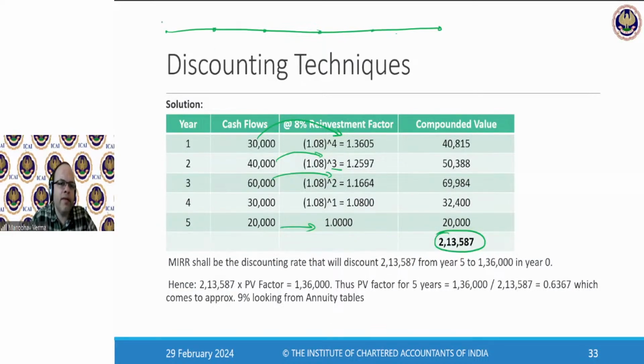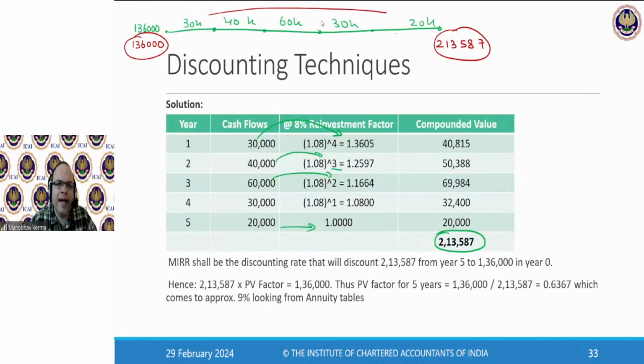Originally we have an investment of 1,36,000 here, and then you have 30K, 40K, 60K, 30K, and 20K. That's the original scenario. Once I've compounded everything, I'm left with 1,36,000 here and 2,13,587 here. We are left with only these two amounts. Why? Because we have compounded all these numbers towards the end, guys. I hope this makes sense to everyone.